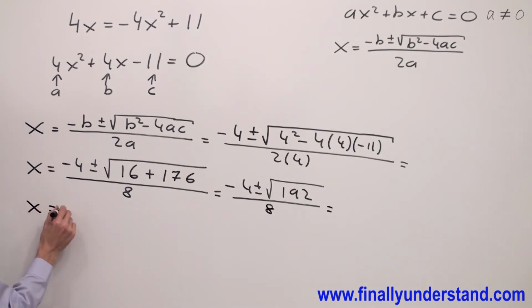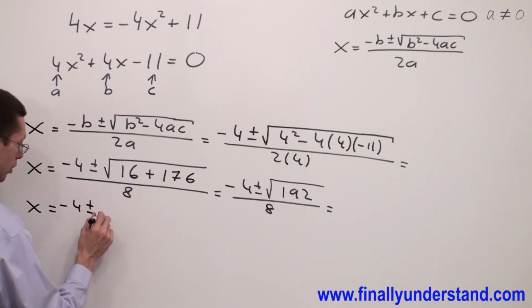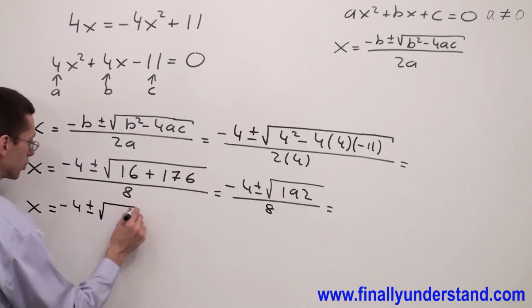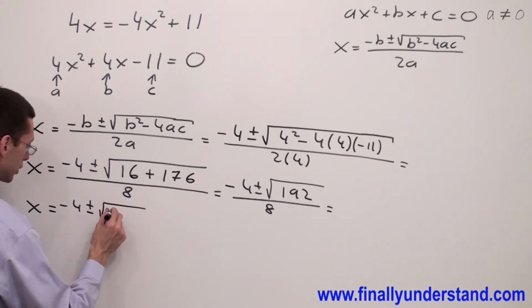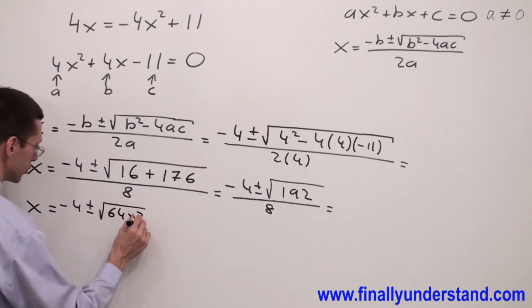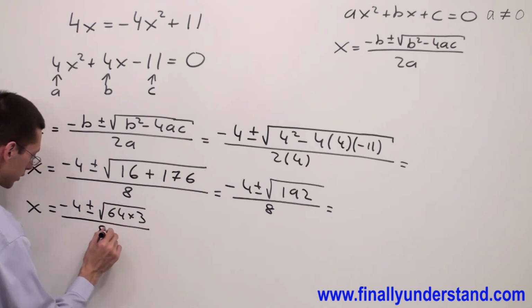x equals negative 4 plus minus square root of 192, we can rewrite as 64 times 3, and everything is over 8. Continue.